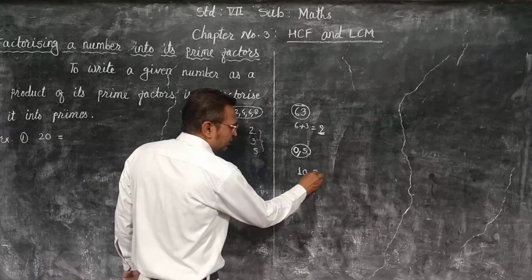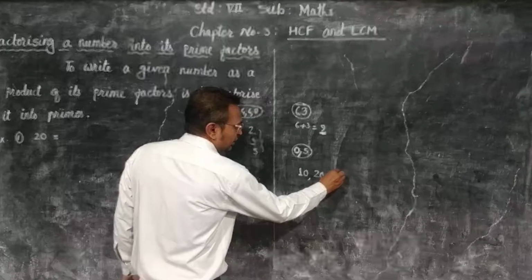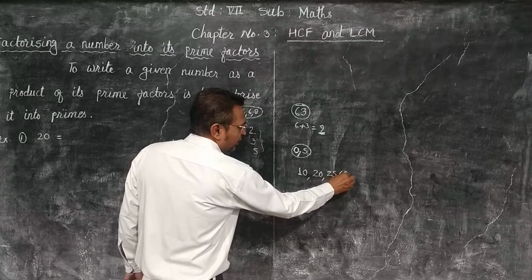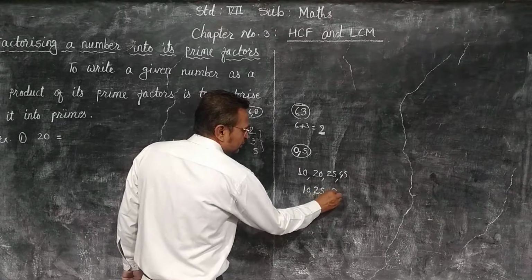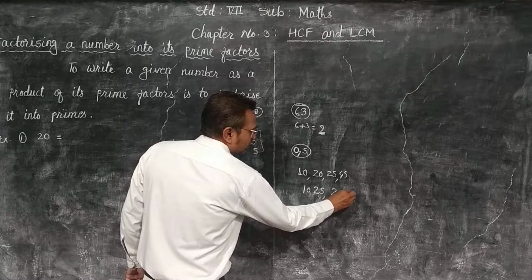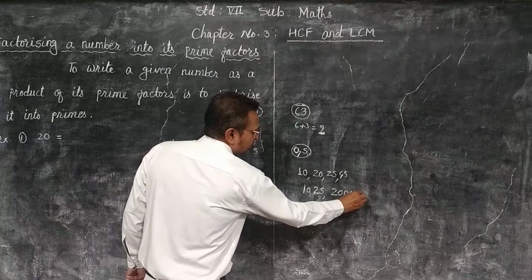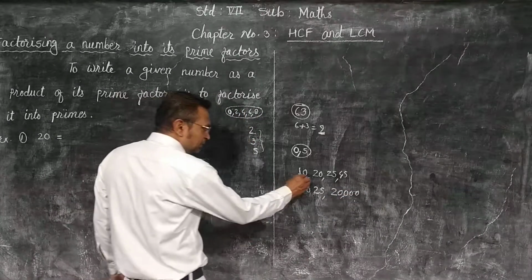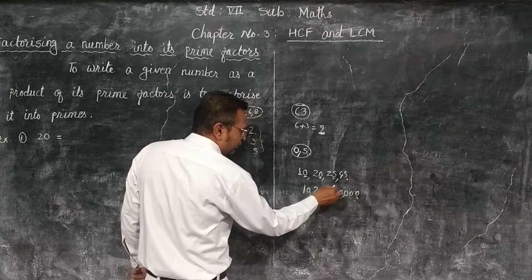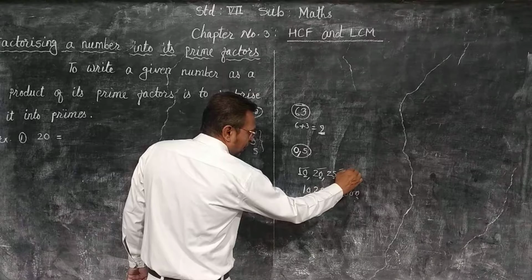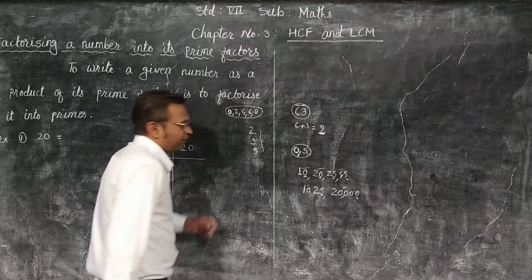Like 10, 20, 25, 45, 1025, 20,000, like this. Because in the unit place there is 0 or 5. Therefore, all these numbers are divisible by 5.